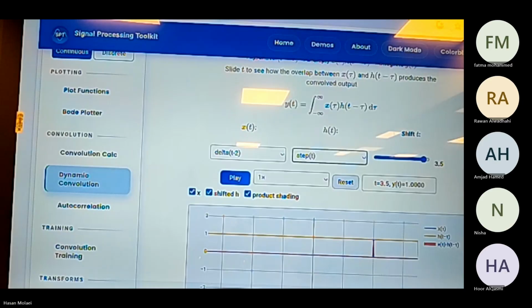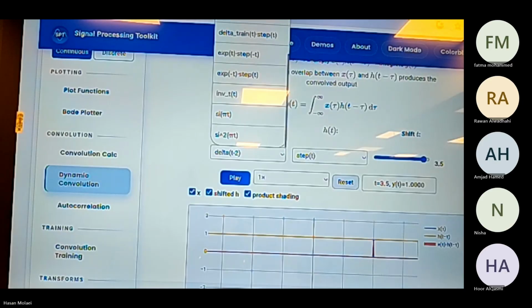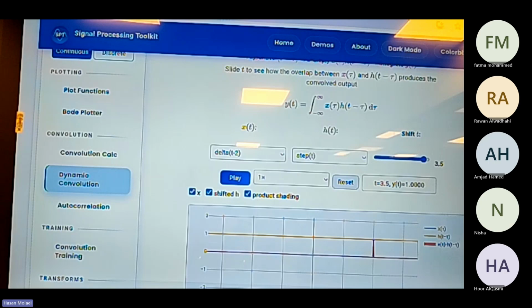What if delta(t minus 2) is the input and the other function is a step? Anything convolved with delta is that function, which is the step.